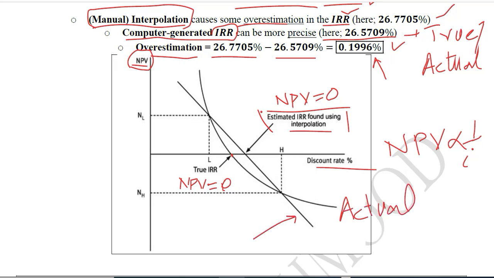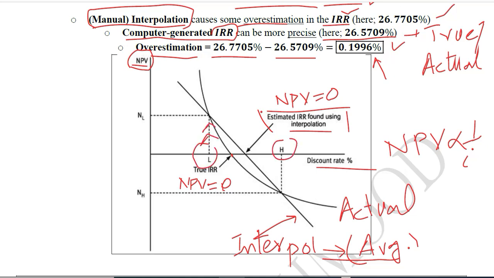However, this straight line is the interpolation, and as you can guess, interpolation is a kind of average. This is why we have a straight line, because in an average we kind of take 2 points. One of them in this case is the lower discount rate and the other is the higher discount rate, at which we found the lower NPV at the lower discount rate, and this is the NPV at the higher discount rate.